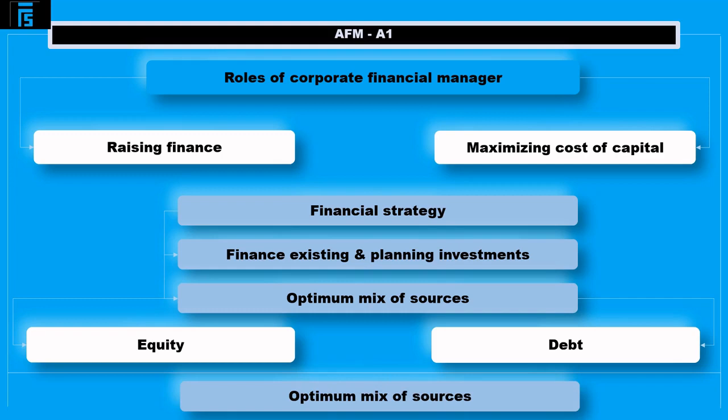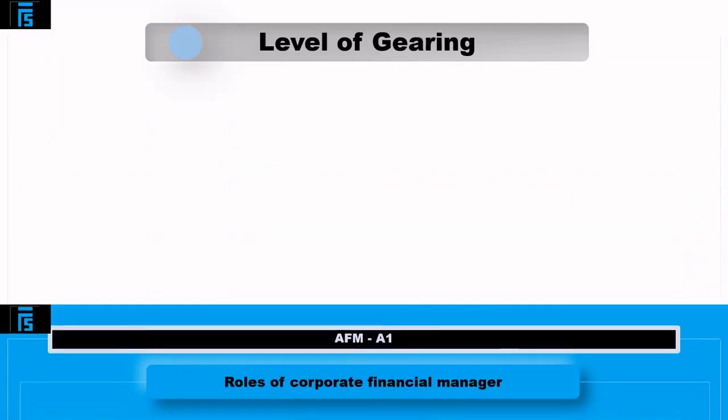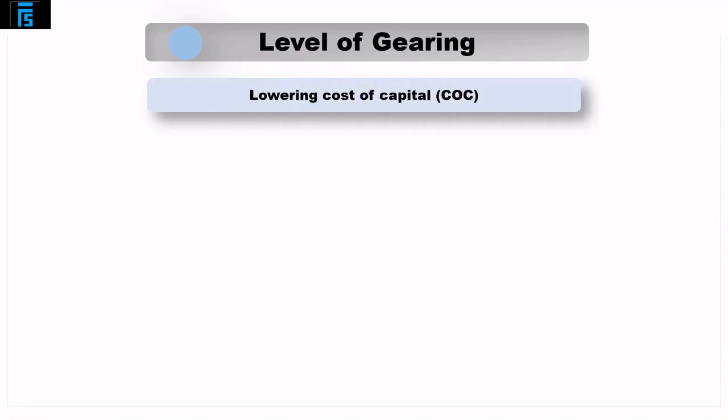Probably the most important issue associated with corporate financing is a company's level of gearing, a factor which enables the organization to lower its cost of capital.